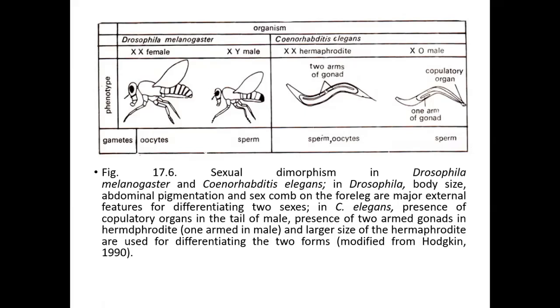In somatic cells they look like hermaphrodites, but in germinal cells they are male and female.